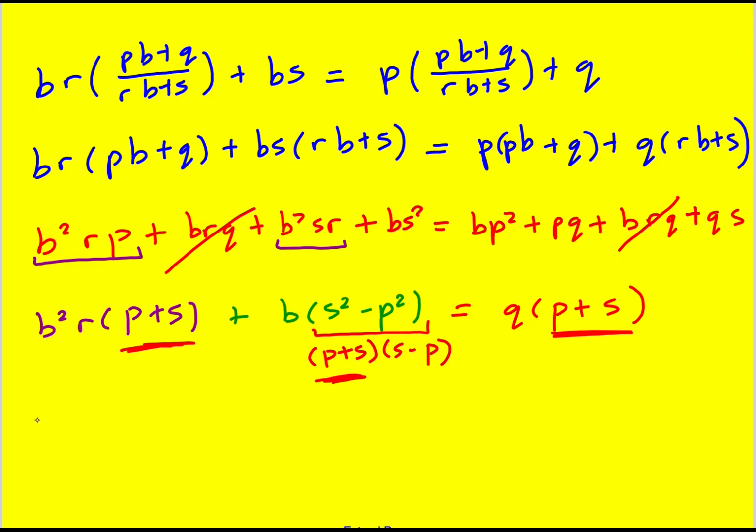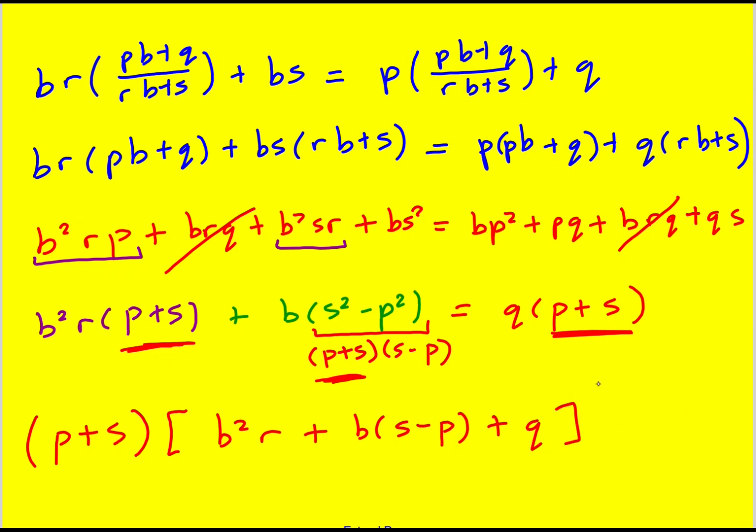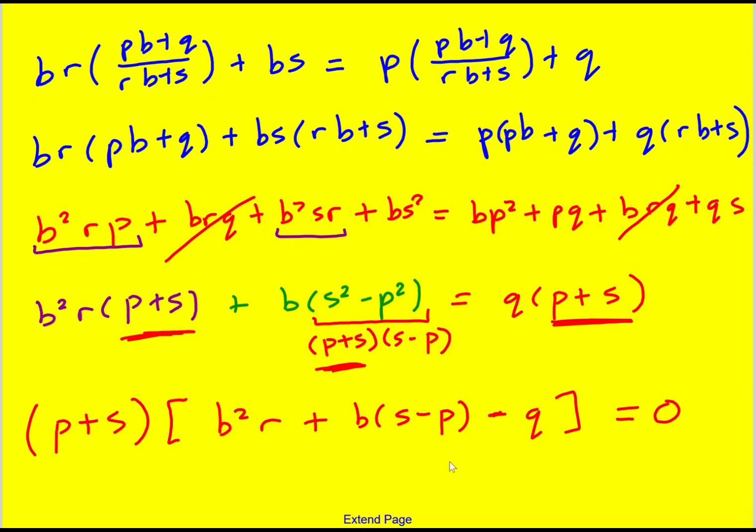Because now I can just factorize that P plus S out of everything, leaving me B squared R plus B times (S minus P) plus Q. And that, oh no, not plus Q, minus Q, because I've minused it from both sides. And that is going to equal 0. Amazing.